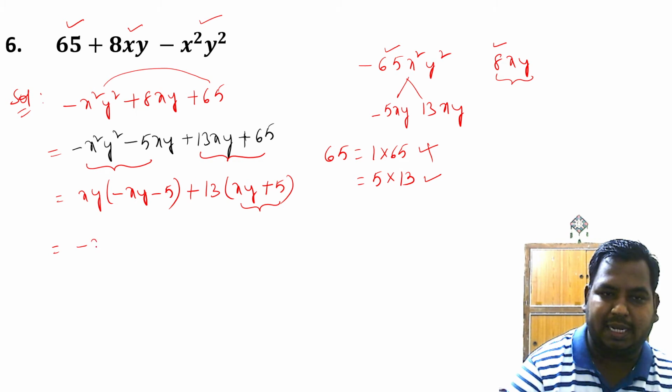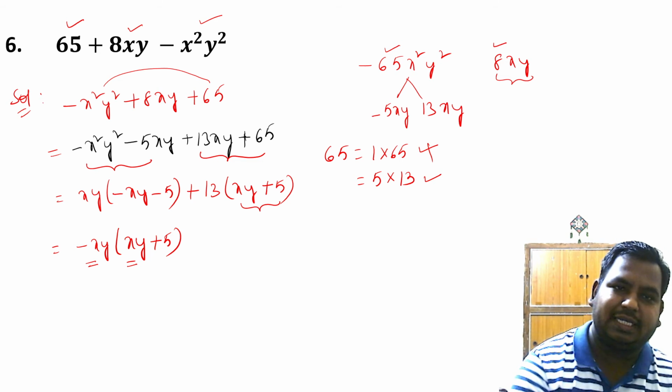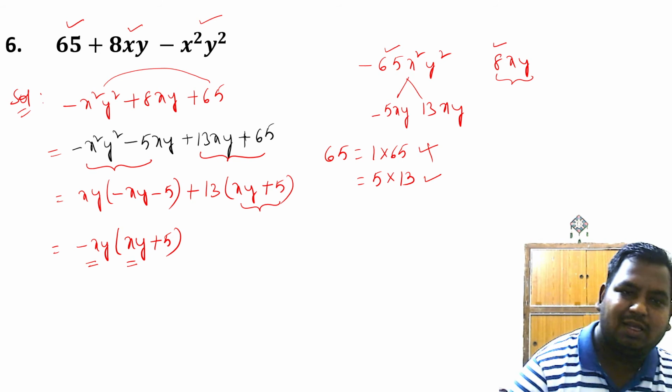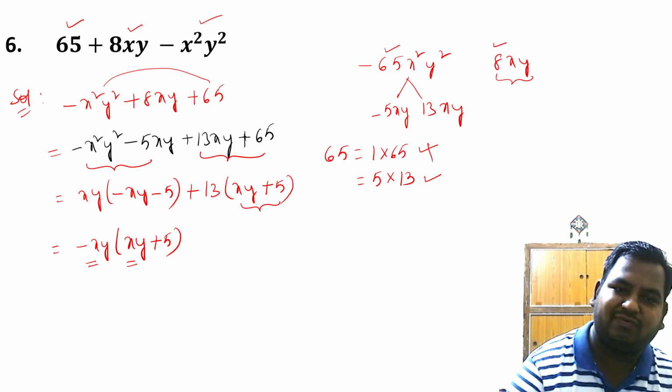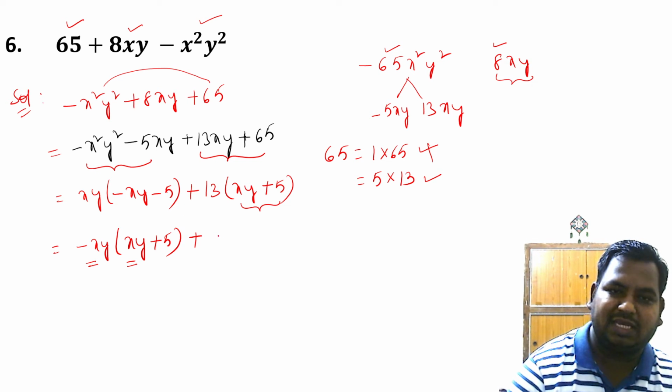See here, minus xy into xy is minus x square y square. Minus xy into 5 is minus 5xy. So the problem is solved. In the second term, we have 13 of xy plus 5.